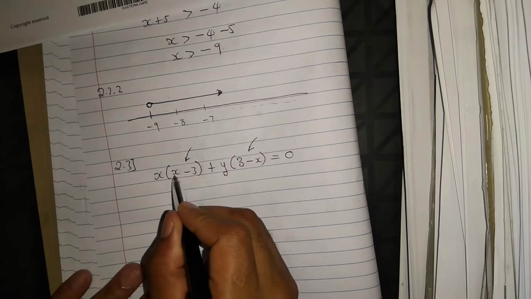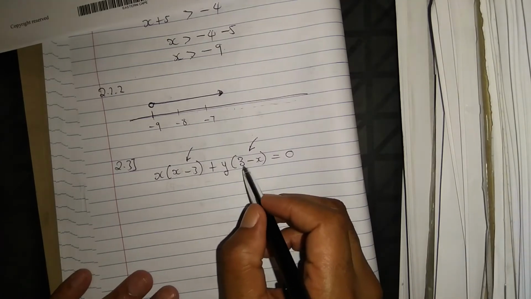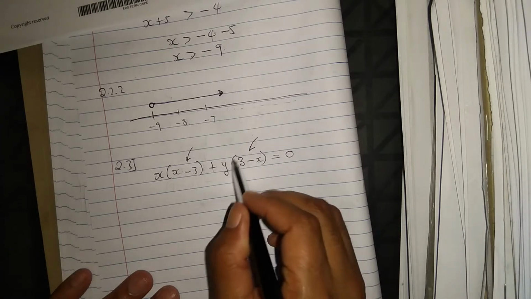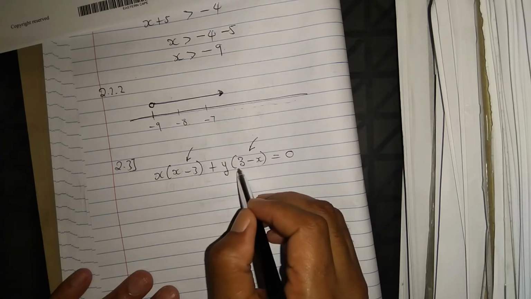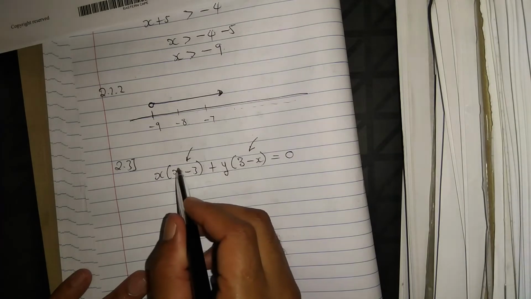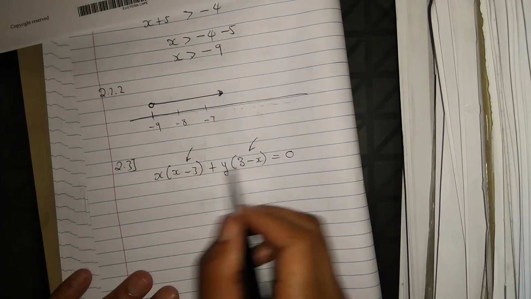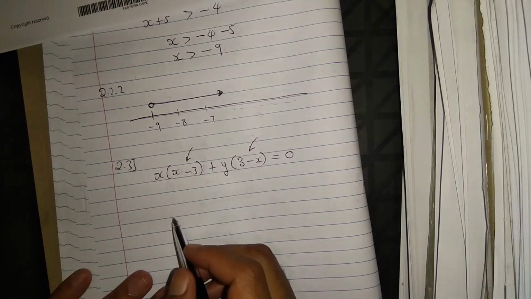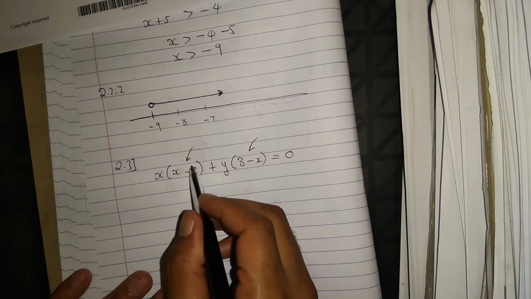So check out this bracket, it's x minus 3. The second one is 3 minus x. So let's apply the sign change rule to rearrange our terms, so that the x becomes positive like this one, and the 3 becomes negative like the one on this bracket.